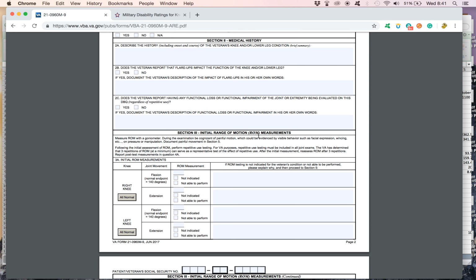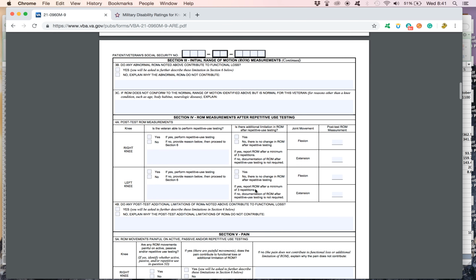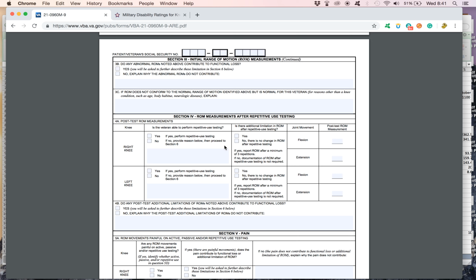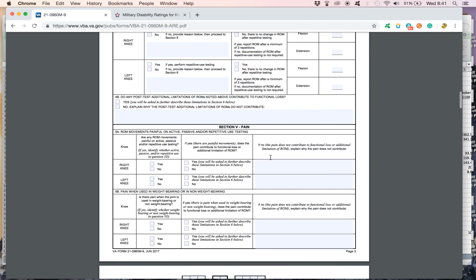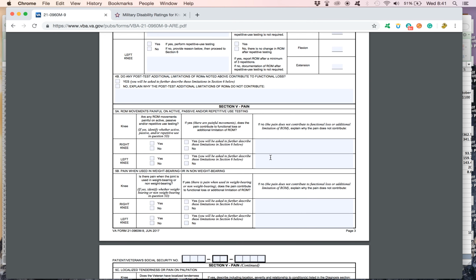On your ROMs, they will fill out your flexion and extension, and they will run these exams. After that, they would fill out the rest of the ROM measurements after repetitive use testing.